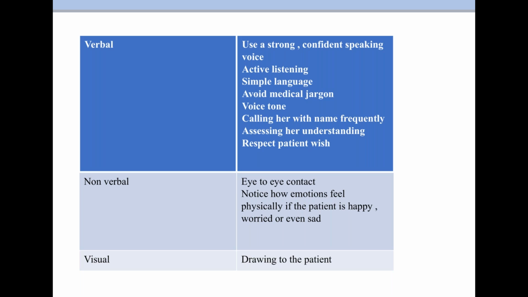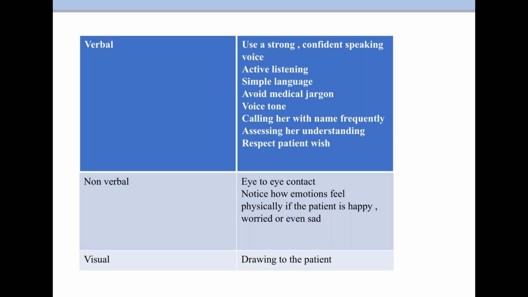I understand how you are feeling, and I can see that it's very difficult to tolerate. I'm really sorry, and I'm here to help you. With your facial expressions, it's not only verbal communication; you have to communicate with her non-verbally.